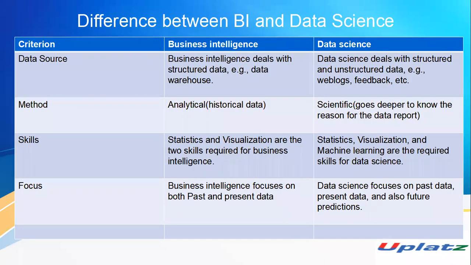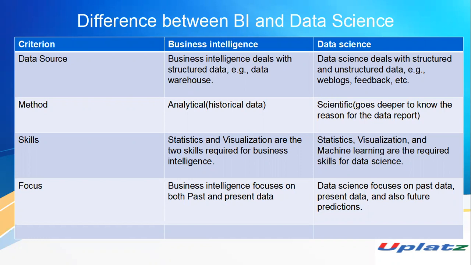Okay, now this is a very important question, a very important concept: the difference between business intelligence and data science. Business intelligence is a huge thing, but data science is even huger compared to business intelligence because data is everywhere. Everything will not be business, right?